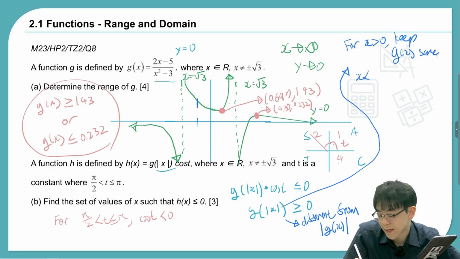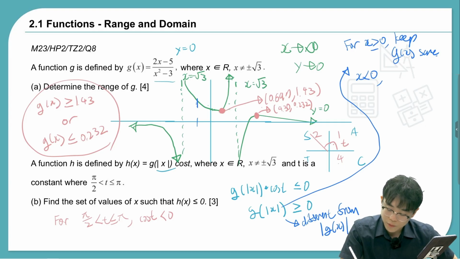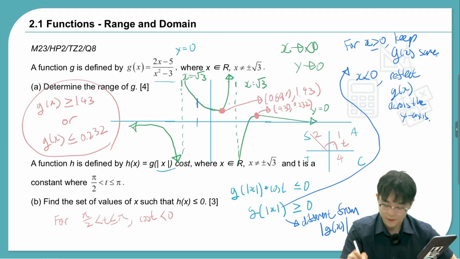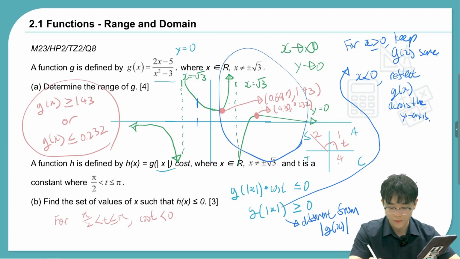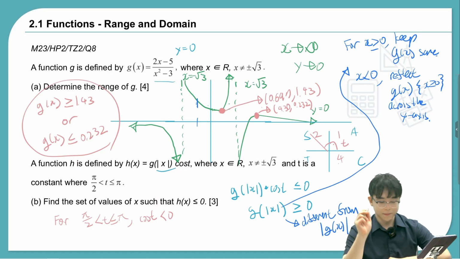But for x less than 0, we would reflect g of x across the y-axis. So we would keep this part and reflect it across the y-axis from the positive region. We would reflect g of x where x is greater than or equal to 0 across the y-axis.